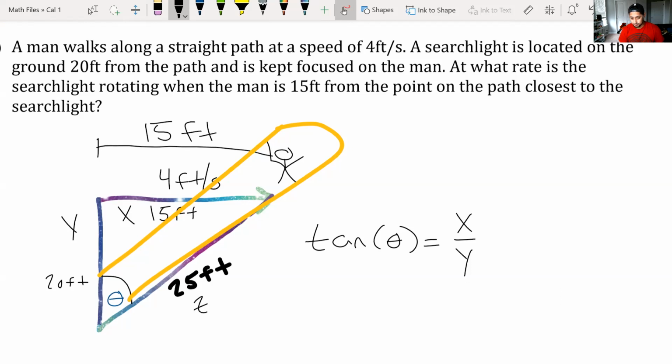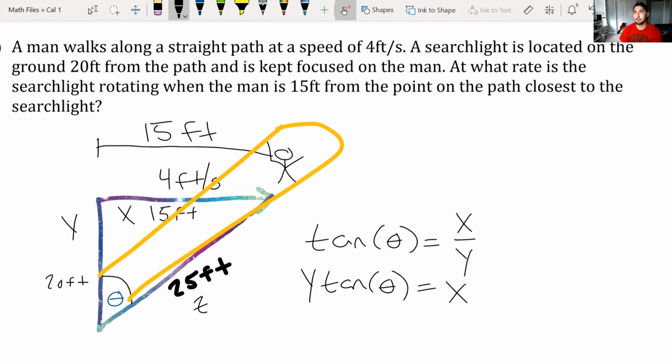With that being said, we can take the implicit derivative, but I'm going to multiply y to the left side first. This will make the derivative easier, so we don't have to do a quotient rule on the right side. So I'm going to rewrite this: y times the tangent of theta equals x.